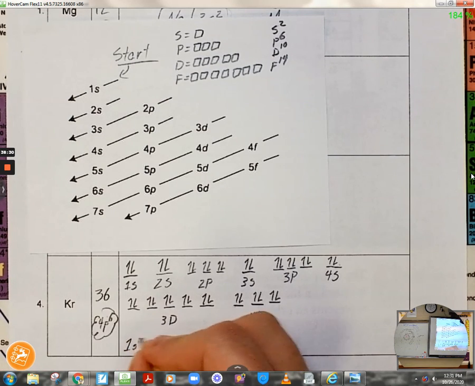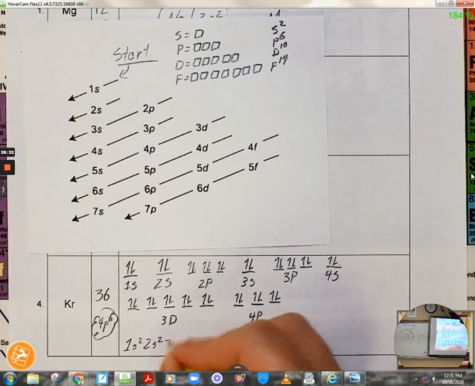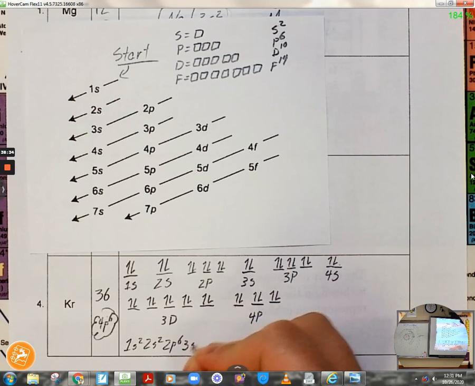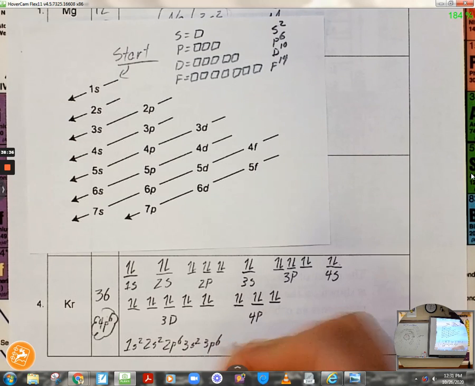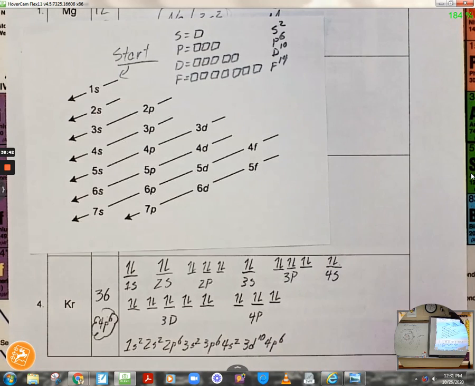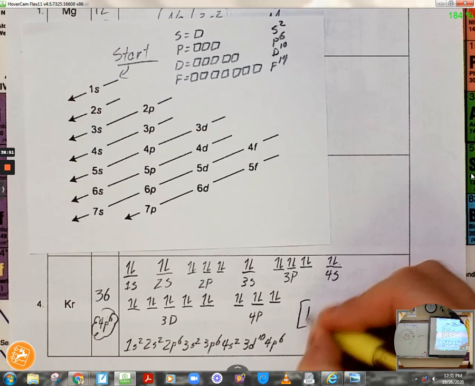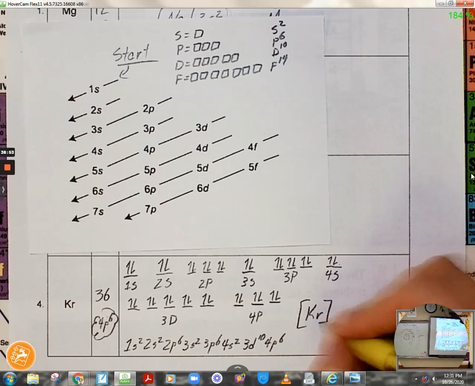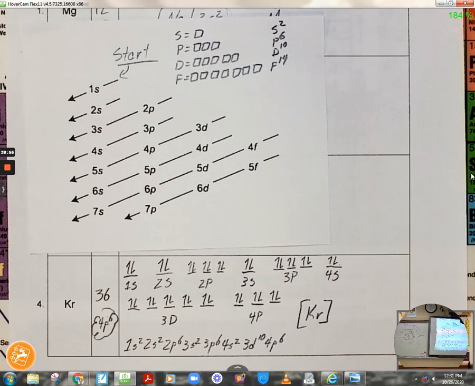So it's going to be 1s2, 2s2, 2p6, 3s2, 3p6, 4s2, 3d10, 4p6. Okay? Now the good news is this already is a noble gas. So if we want to just symbolize a noble gas notation like that, we can. We can get away with that.